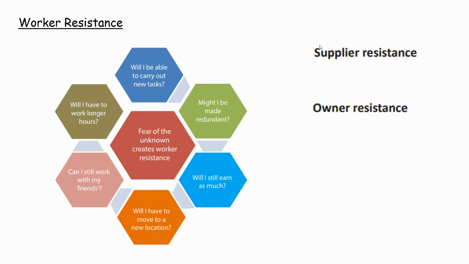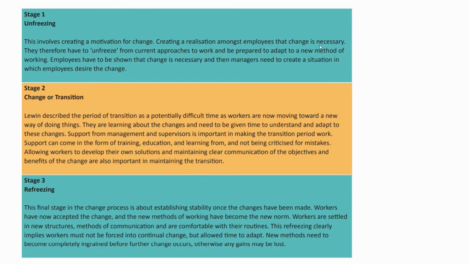You might be very resistant to that change because you think it might give your company a bad name, bankrupt the company, lower profits, all these different things, take the company in a path that you don't want or you're not sure of. So you've just got to consult all these people and make sure that this resistance is taken care of. Okay, so that's worker resistance and supplier resistance and owner resistance.